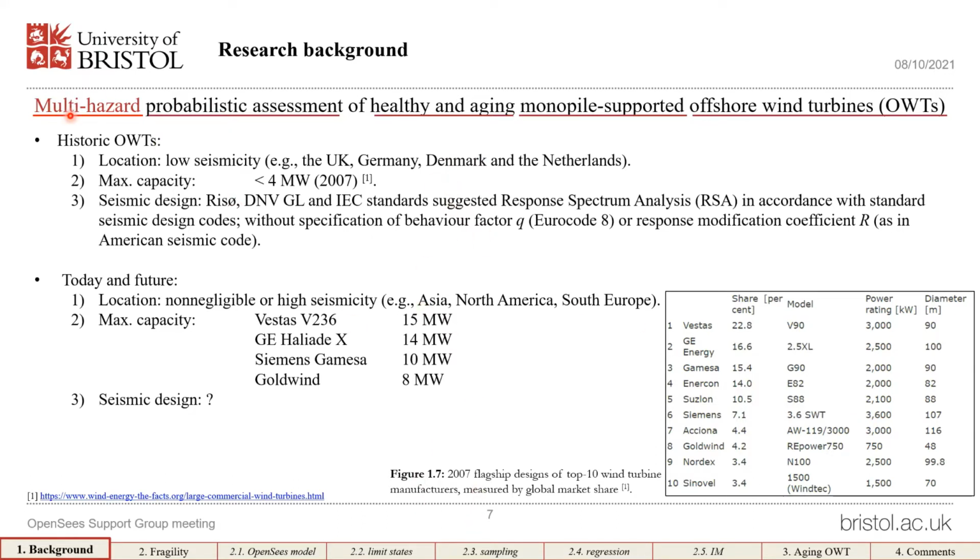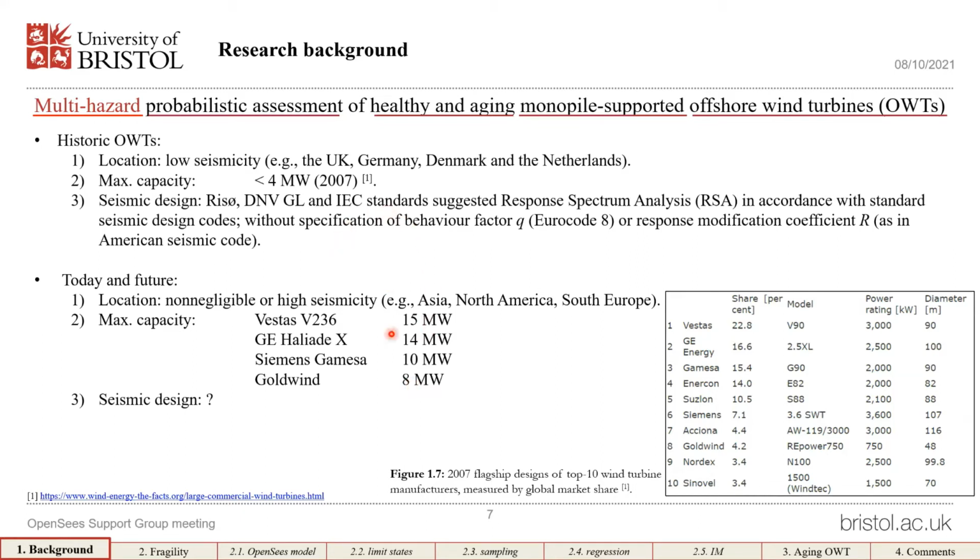Historically, offshore wind turbines were mostly erected in areas with low seismicity, but today and in the future, we will definitely be seeing areas with high seismicity as well. And second, the capacity, and therefore the size, of today's wind turbines is potentially double or even triple that of turbines from around 10 to 15 years ago.